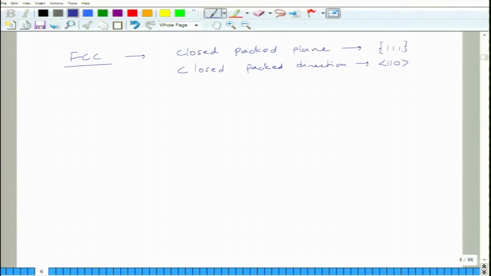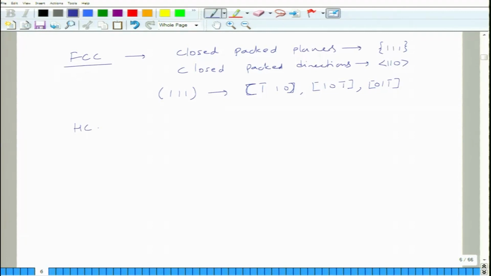Okay. So of course, if you take this type of 111 plane, then the directions which will lie in this will be bar 110, 10 bar 1 and 01 bar 1. The dot product of the direction which lies in a plane with the plane normal should be equal to 0. Okay. So there are these close packed planes and directions in case of FCC.